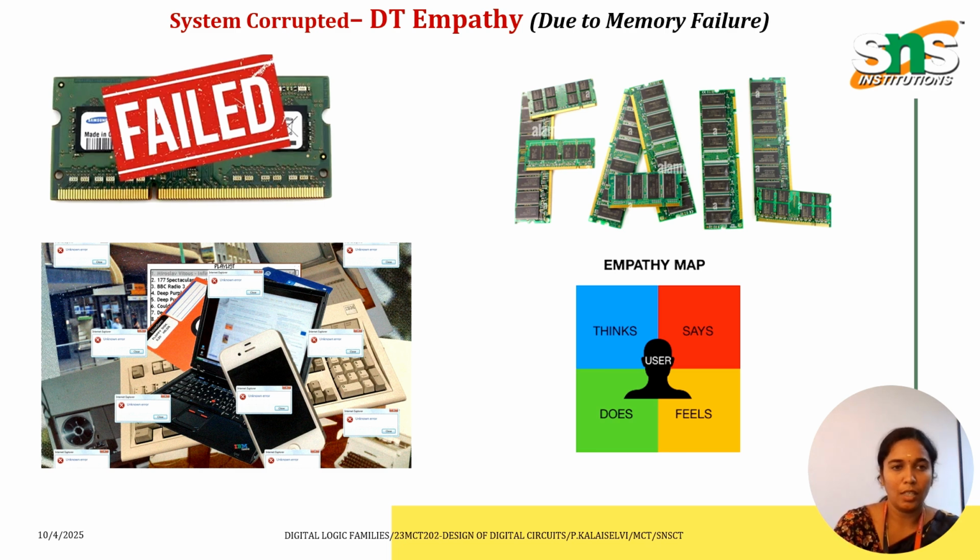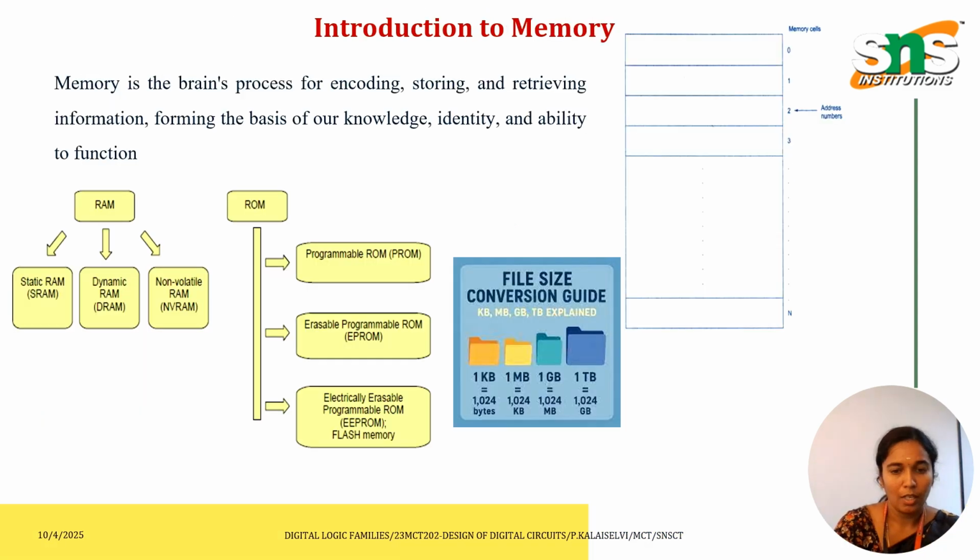If there are corruptions in the microprocessor, the controller, or the CPU, all the corruptions are due to memory failure. So memory plays an important role in our digital system.